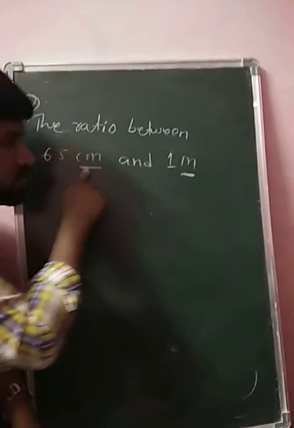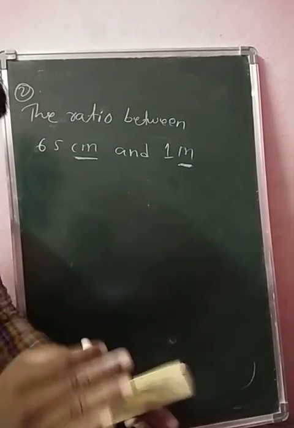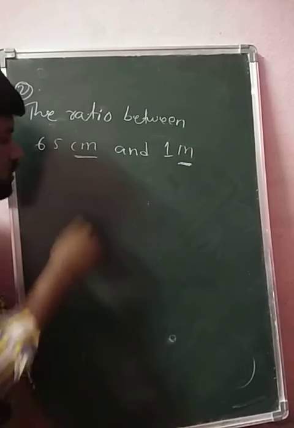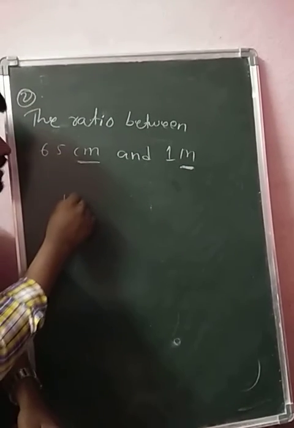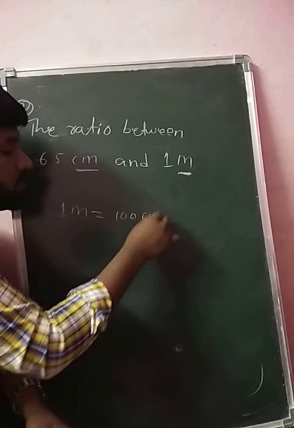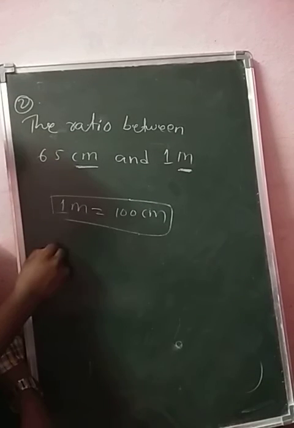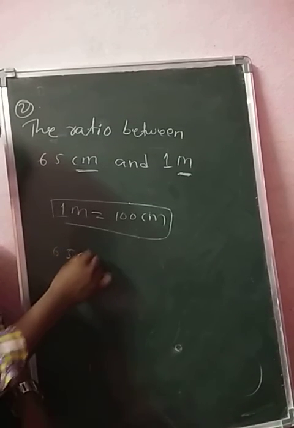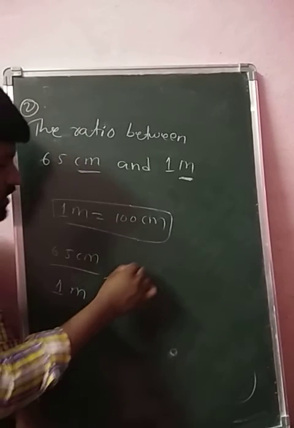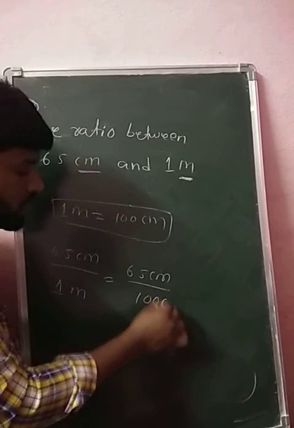Clearly centimeters and meters are not the same, but it is possible to convert meters into centimeters. We know that 1 meter is 100 centimeters. Now 65 centimeter by 1 meter is 65 centimeter by 100 centimeter.